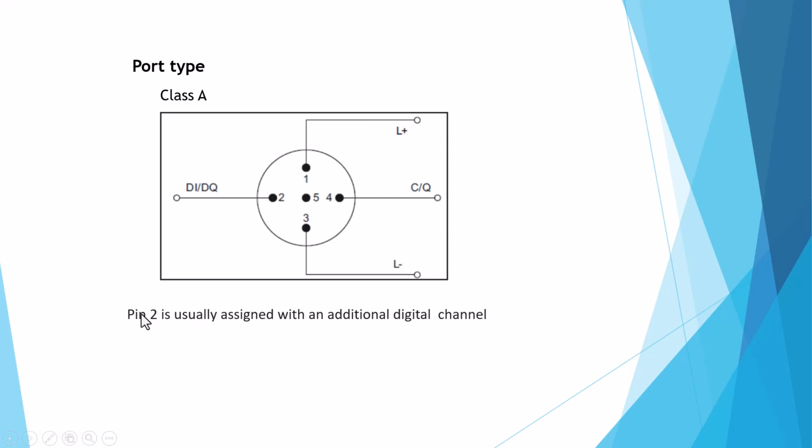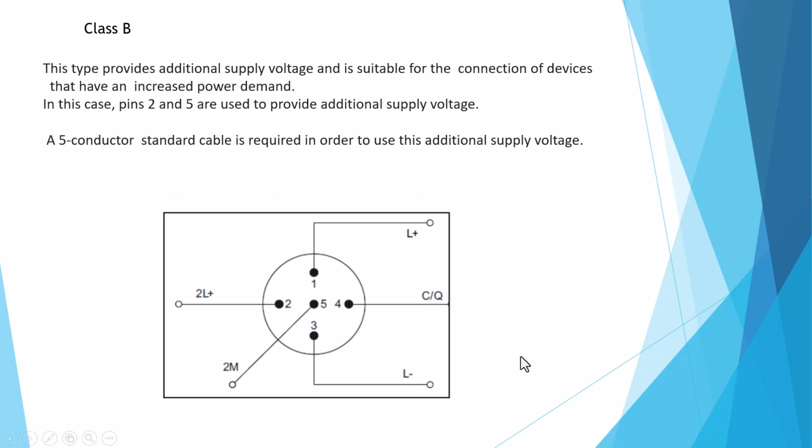Pin 2 is usually assigned with an additional digital channel. Class B uses pin 5. If you need more power supply, use pin 5 as the additional supply voltage.